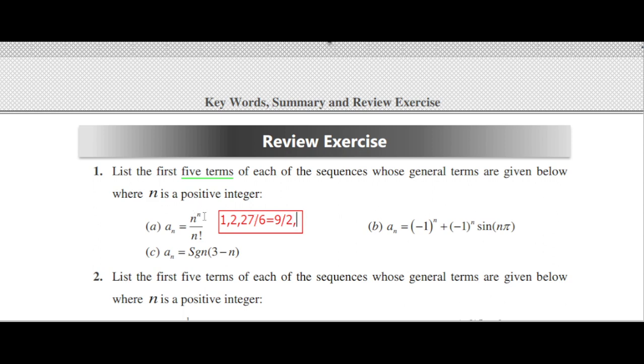Let's compute the fourth term. 4 to the power of 4, how much?